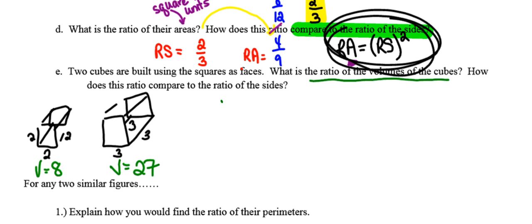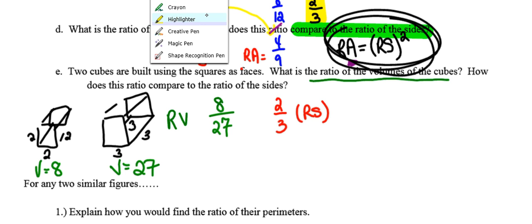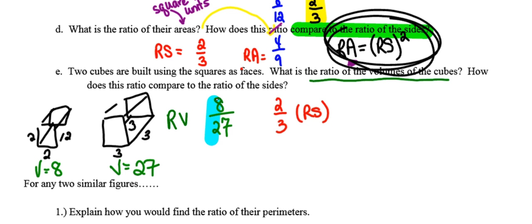Well, if I compare the smaller one, 8, to the larger, 27, my ratio is going to be 8 to 27. And again, they want us to figure out the relationship between the ratio of the sides and that ratio that we found for the volumes. So in other words, what is the relationship between those two numbers?